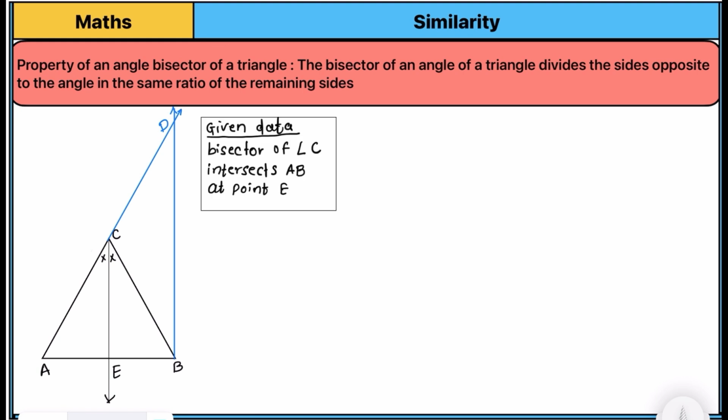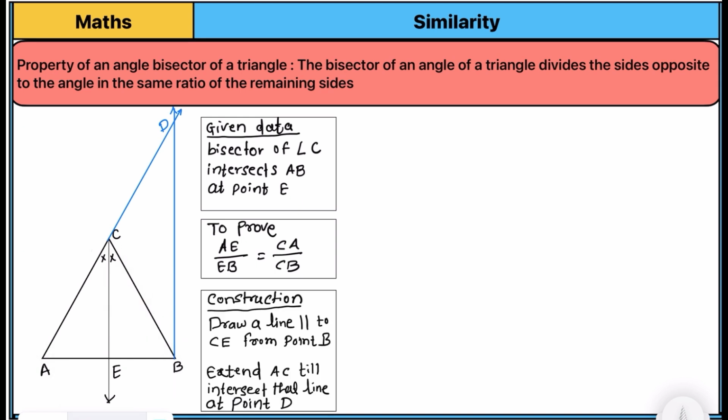But first, we have the given data: the bisector of angle C intersects line AB at point E. This is our given data, and with this we need to prove AE upon EB is equal to CA upon CB.